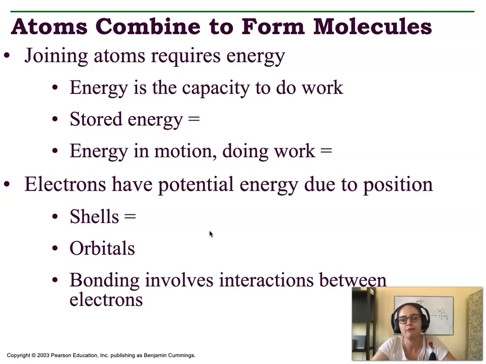Now, electrons have potential energy because of their position, because there's more than one shell, because there are valence shells and different orbitals, and because bonding involves interactions between electrons. So the most common way that we're going to see energy stored is related to our adenosine triphosphate molecule.